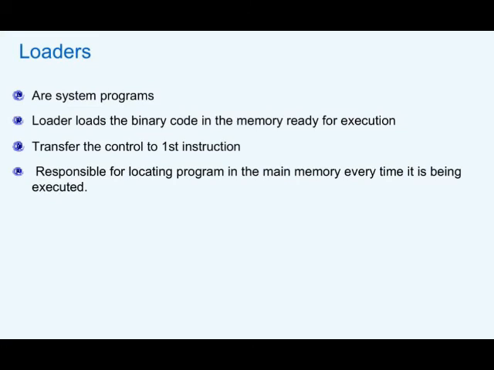It is responsible for loading the program into main memory whenever you want to execute it. So every time you need to execute a program, the loader comes into the picture to load it into some part of memory, and then execution will start.